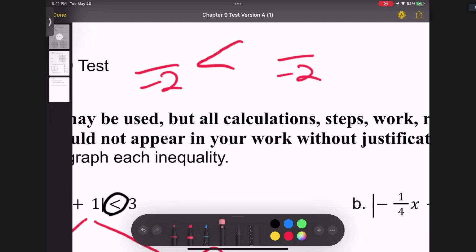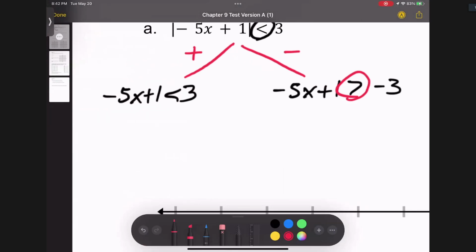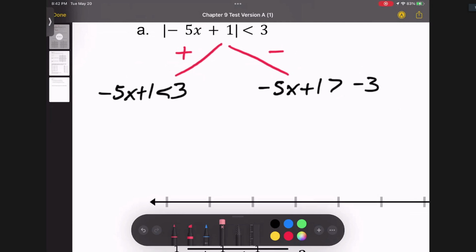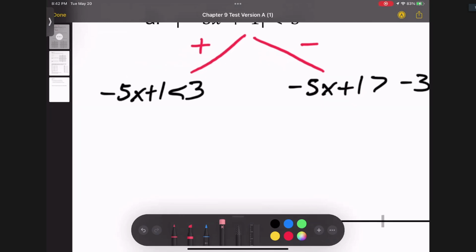So it's no longer this direction. It is going to be this direction. If you multiply by a negative number, same idea. You're going to be switching the actual inequality symbol. Now, hopefully no questions so far. You can always replay the actual video.